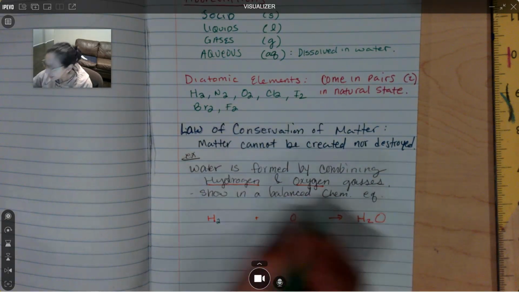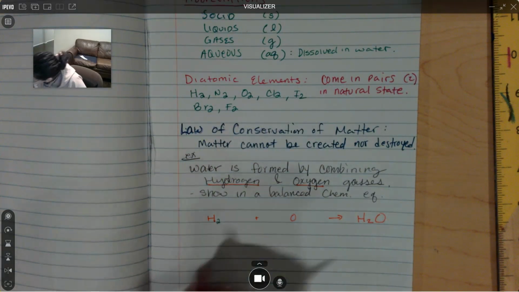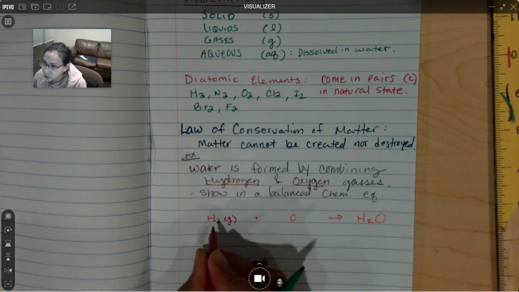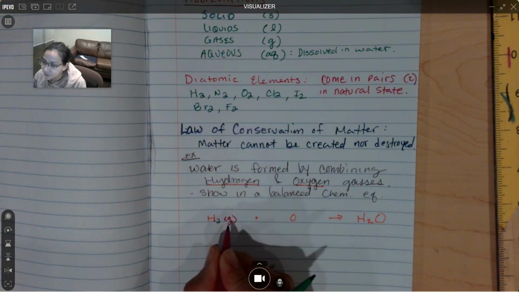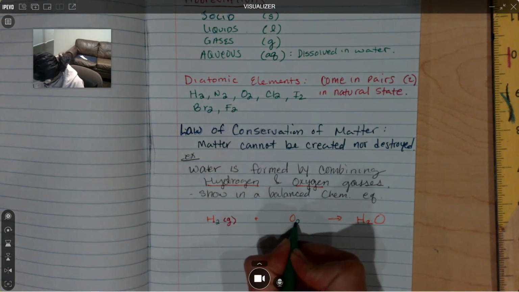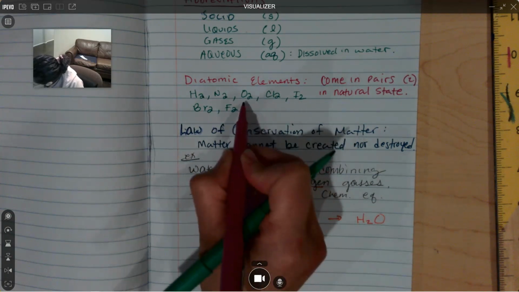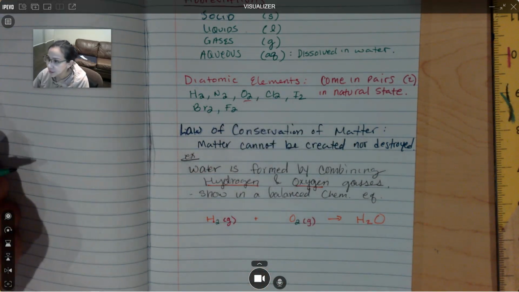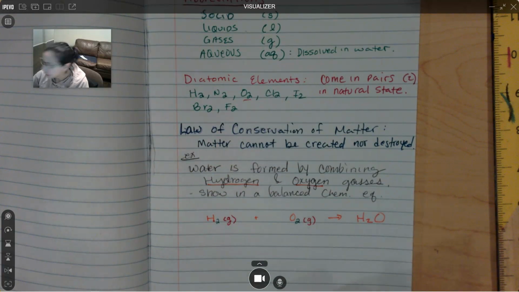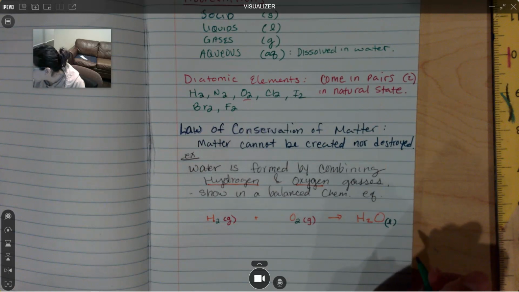We also know that it's a gas, so I'm going to put parentheses G for gas. So now I'm showing that it's diatomic, and I'm giving the abbreviation for which state of matter it is in. Oxygen is the same, also diatomic, and in the gaseous state. Water is liquid, so I'm going to put an L right there.